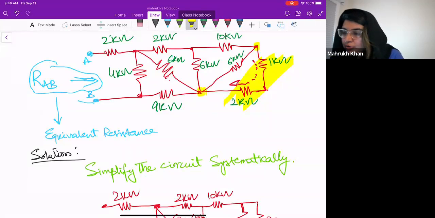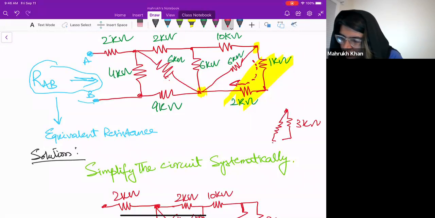So what I was saying is that if you see these two terminals, these two terminals are directly connected to the 3 kilo ohms terminals. So it's something like that, right?